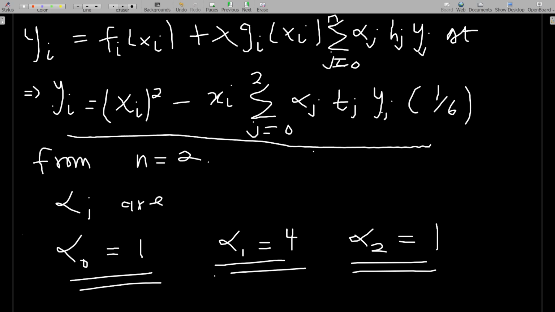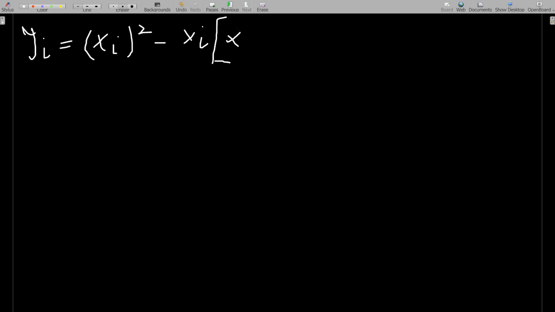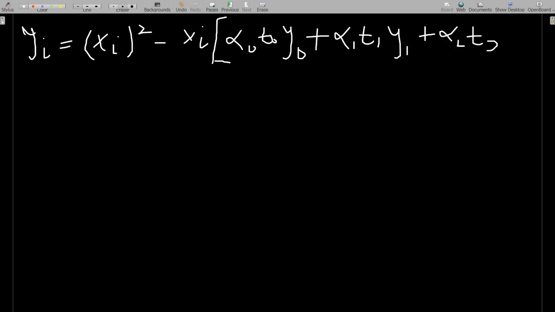So from this formula, I'm just summing this side. When j is equal to 0, I have alpha naught t naught y naught, plus j equals 1, alpha 1 t1 y1, plus alpha 2 t2 y2.